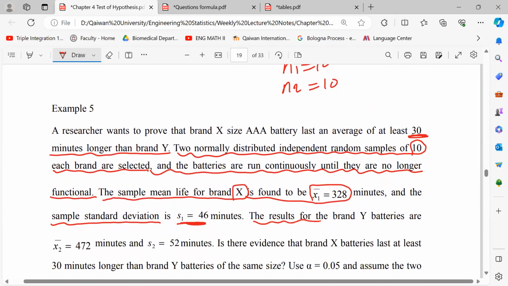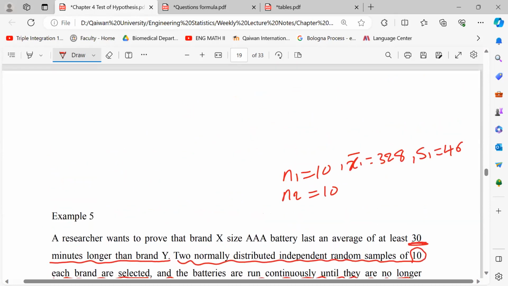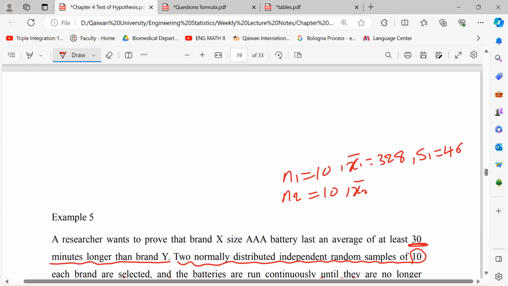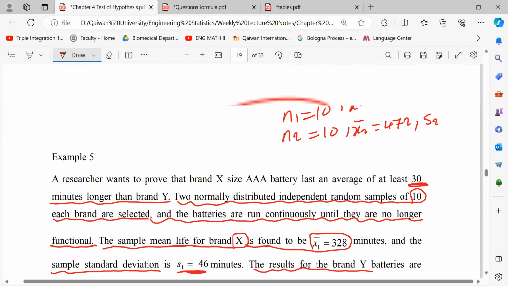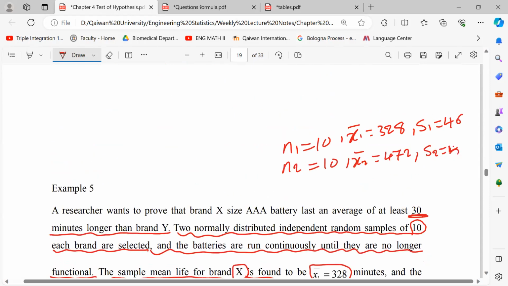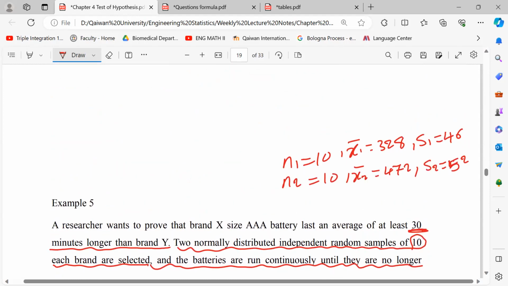And then the results for the brand Y batteries are X2 bar is 472, and S2 is 52 minutes. Is there evidence that brand X batteries last at least 30 minutes longer than brand Y batteries of the same size? Use alpha to be 0.05.